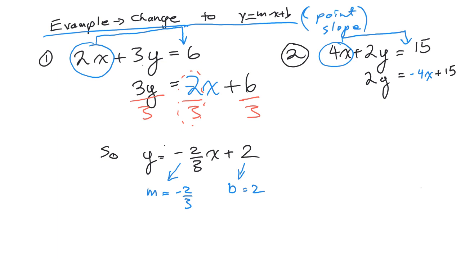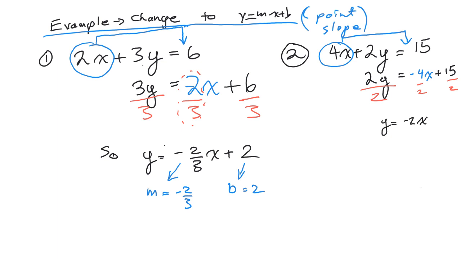Now, the last thing that we have to do is divide both sides by 2. And when we divide by 2, we end up with y in our final answer equaling, well, negative 4 divided by 2 simplifies to negative 2 over 1, otherwise known as negative 2x.